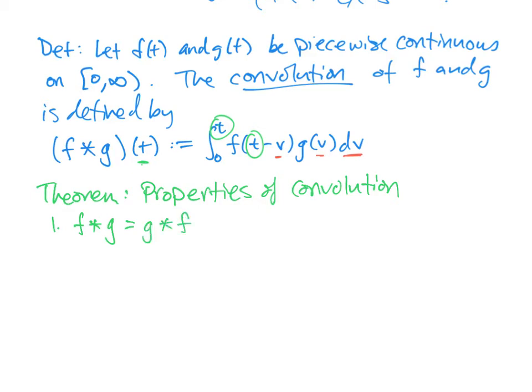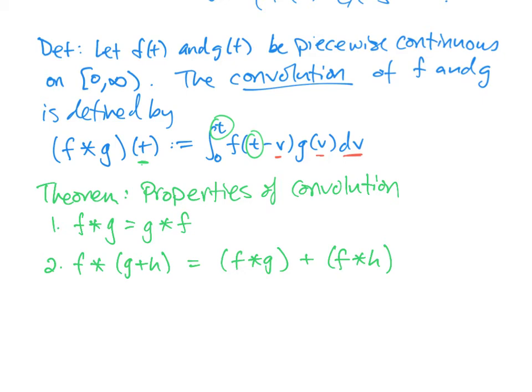So you can switch f and g around and it's going to be the same thing. That's pretty nice. So that's commutativity, right? And then we have f star (g plus h) equals f star g plus f star h.